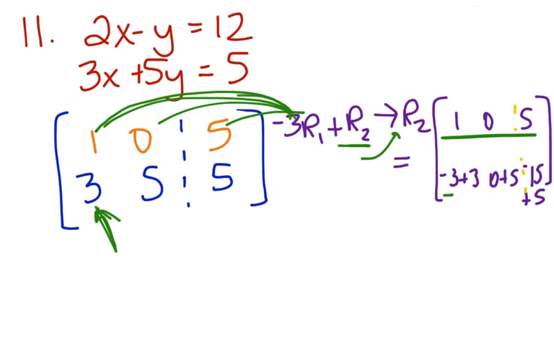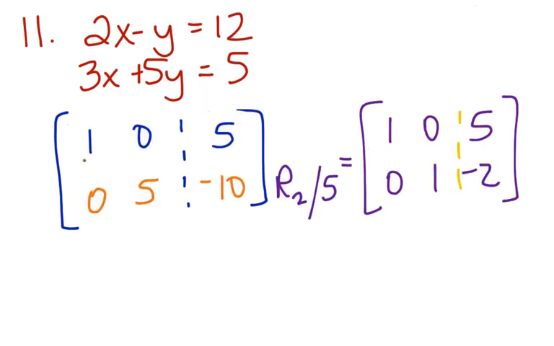And then I'm going to do negative 3 times 0, which is 0, plus my 5. And negative 3 times 5, which is negative 15, plus my 5. When I do that, I will get the 1, 0, and 5. Like I said, it's not changing. And then I'll get 0, 5, and negative 10.